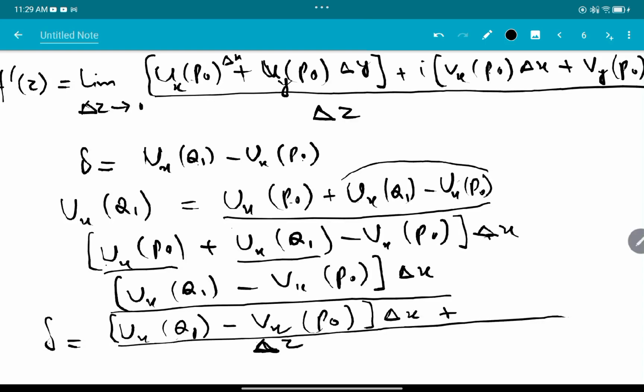You have here simply, in place of UXQ1, you will write here UYQ1 minus VYQ1 into delta y.